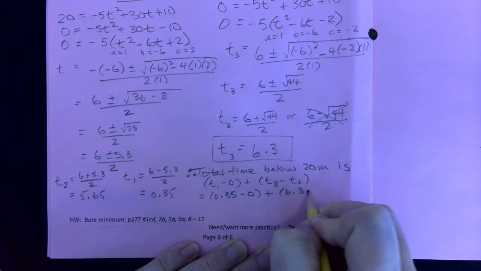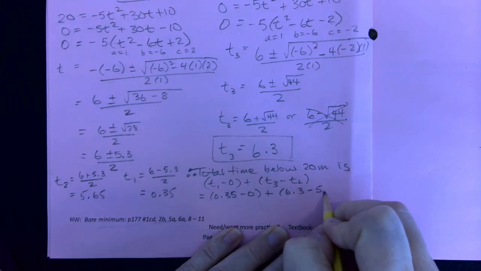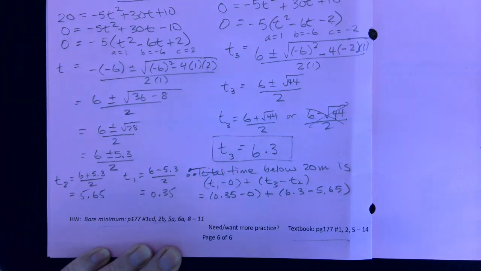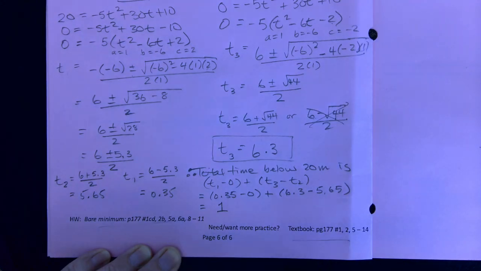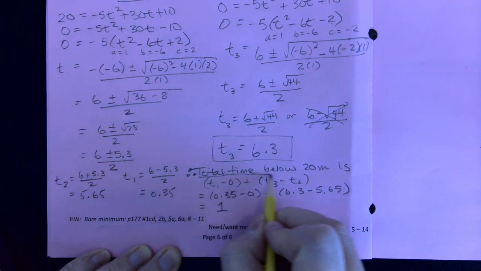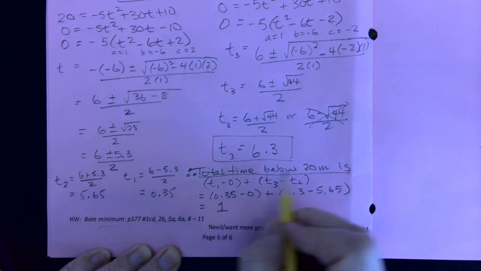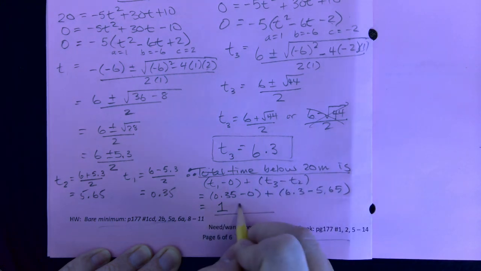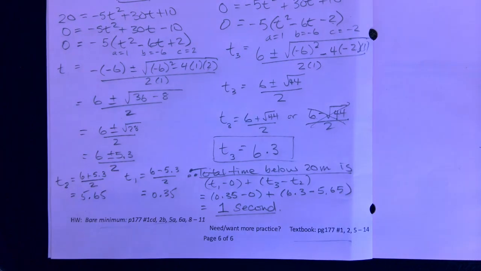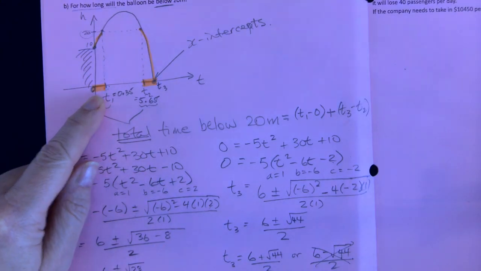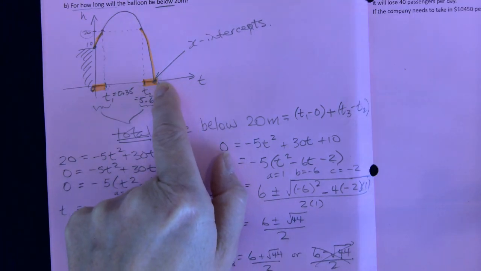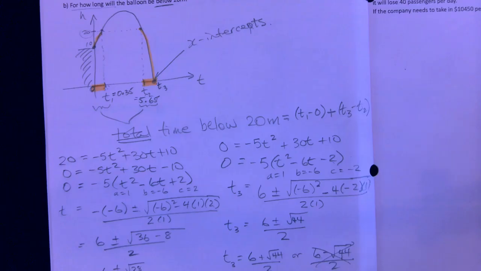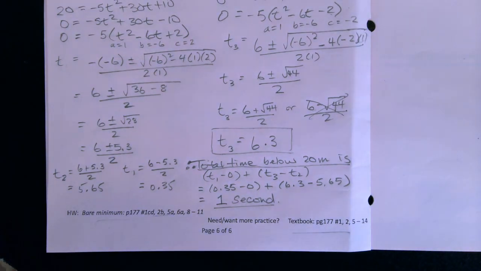T3 is 6.3 minus T2 is 5.65. You can punch that into your calculator if you like, and you'll get 1. So total time the balloon is below 20 meters is 1 second in total. So it's below 20 meters for 0.35 of a second here, and below 20 meters for 0.65 of a second here. Those guys add up to 1 second. Done.